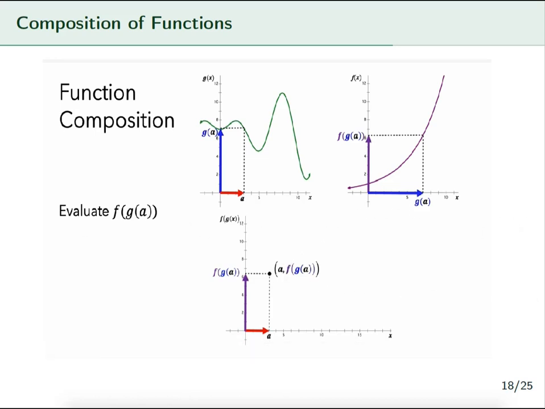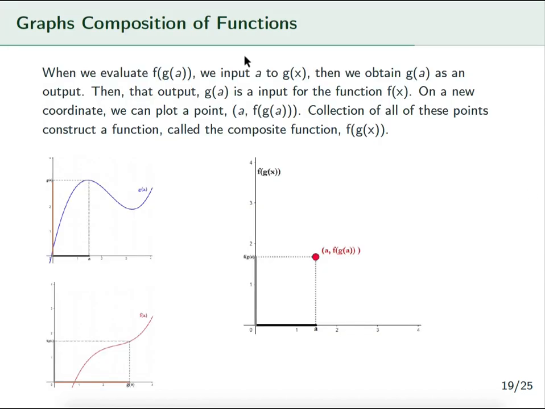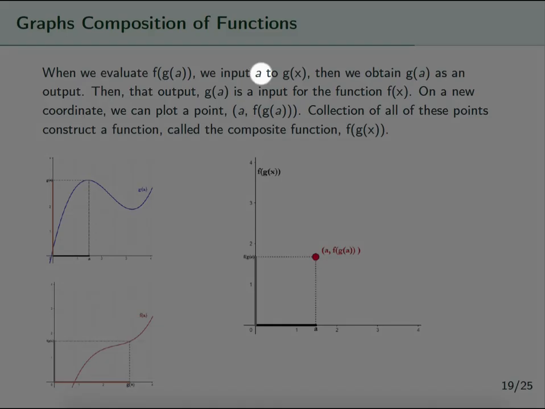So the next page actually shows what we just talked about. When we evaluate f of g of a, we input a, quantity a, into function g of x. Then we obtain g of a as an output.